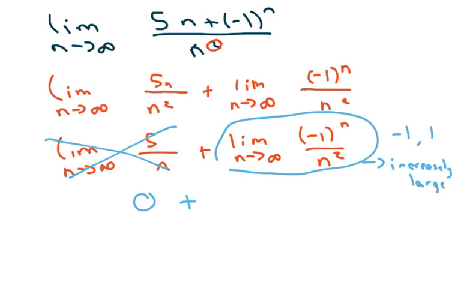But the numerator alternates between negative 1 and 1, which means the terms of the sequence alternate between smaller and smaller positive and negative values. So the sequence has a limit of 0, and the limit of this whole thing equals 0. You just put in big numbers here. Even though it's alternating between 1 and negative 1, it's still getting closer and closer to 0.